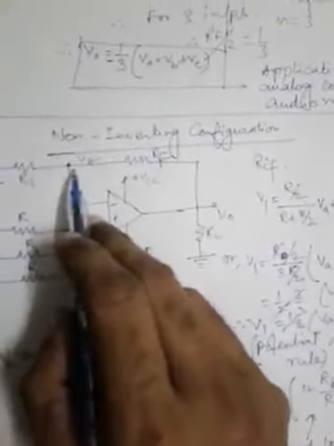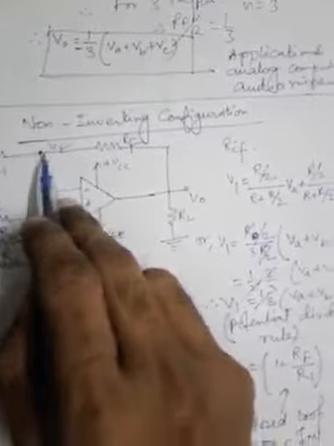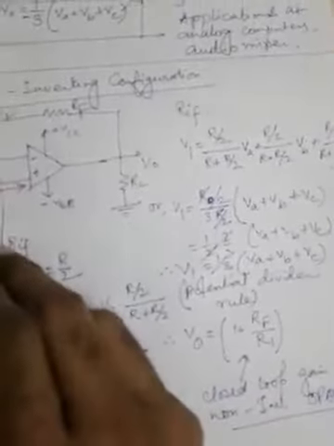So if V1 is the input voltage, because V2 will be grounded, the whole input is applied at V1 and nothing is applied at V2, so therefore gain into input voltage is the output voltage.